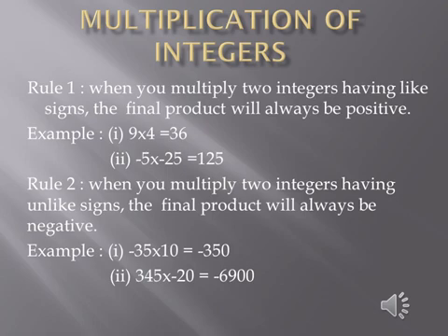In the multiplication of integers, we need to check the sign involved in the multiplication, that is, whether the numbers have the same sign or different signs. If the numbers have the same sign, whether negative or positive, the answer will always be positive.